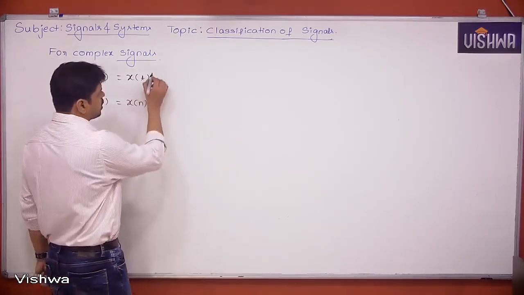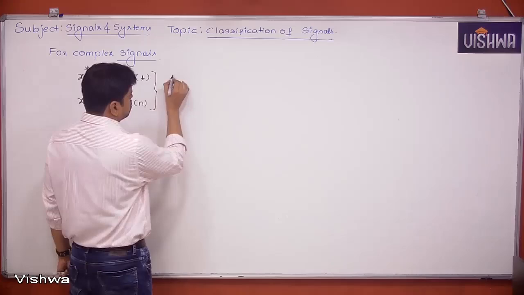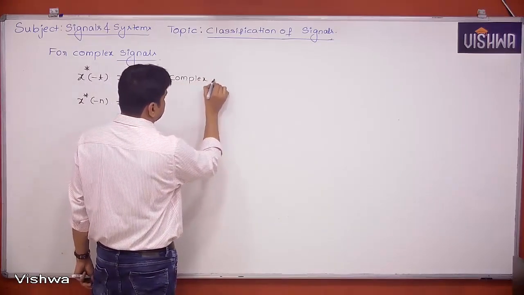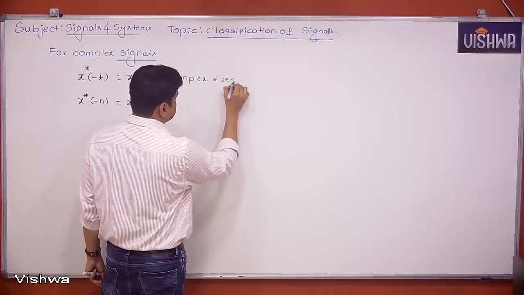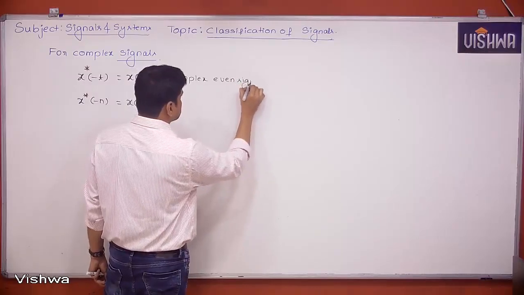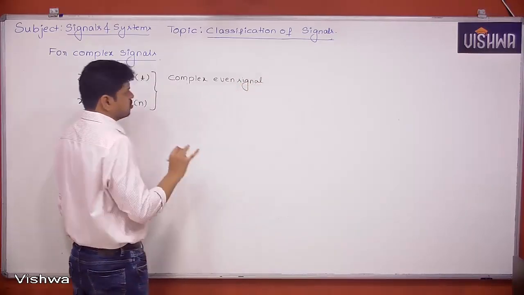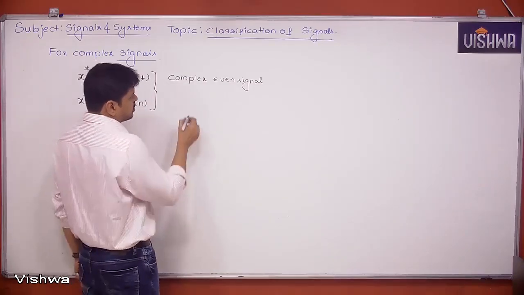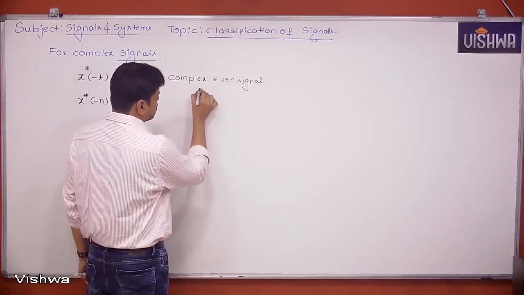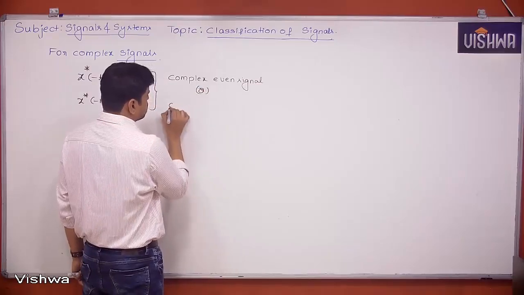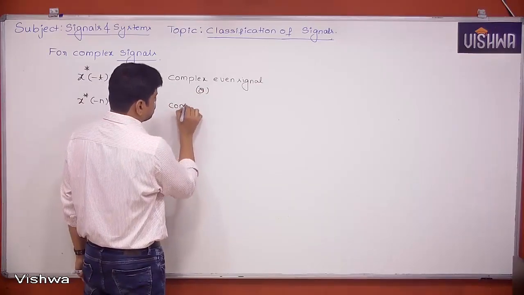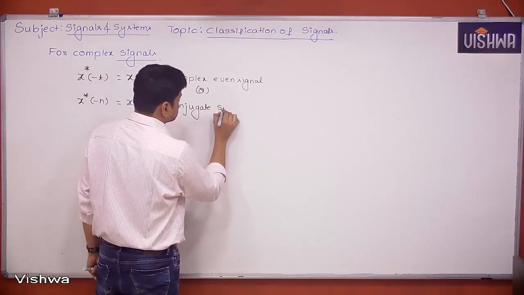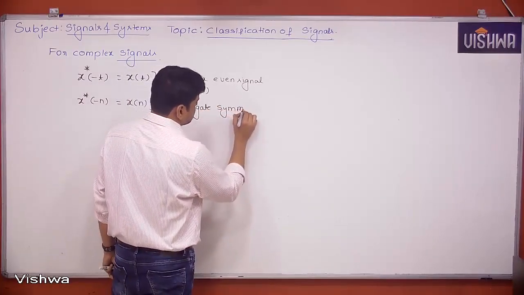Then what is the word they are using? For layman terms, it is a complex even signal. This is the word we can use without much confusion, but in the textbooks or in the examinations they will give you this word: conjugate symmetry.